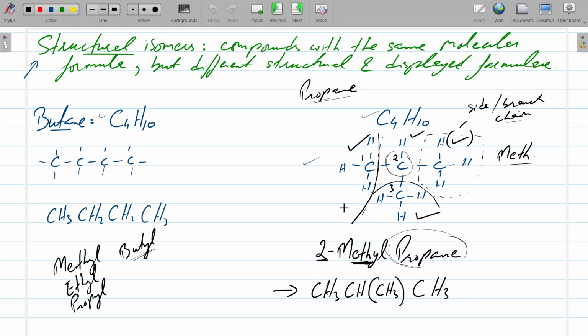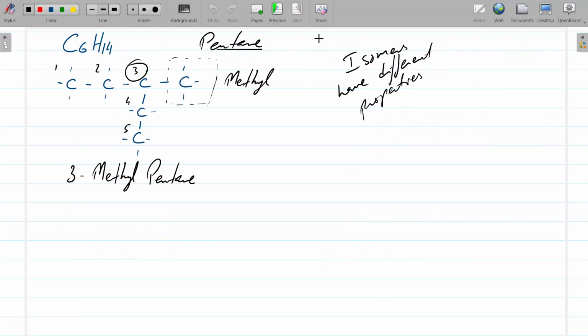The boiling point for butane is 0 degrees centigrade, whereas the boiling point for 2-methyl propane is minus 12. Right? So isomers have different properties.